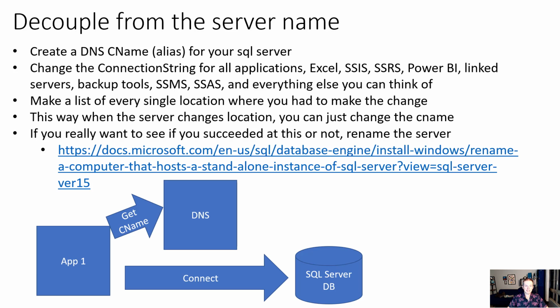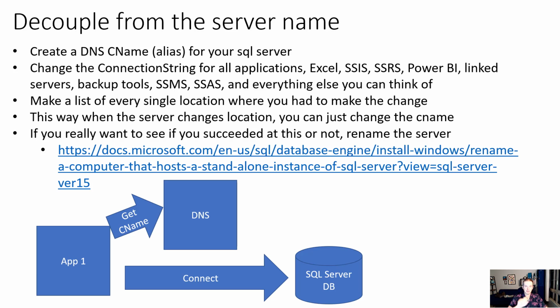And then once that CNAME exists, you can go into SSMS and test it. Did the CNAME work? Just go and connect, right? If the connection works, now go into Excel, SSIS, SSRS, all those different applications, your backup tool, link servers, anything you can think of from anything external to that SQL Server, and use that DNS alias everywhere you can think of it. And then as you do it, make a list of what you touched.